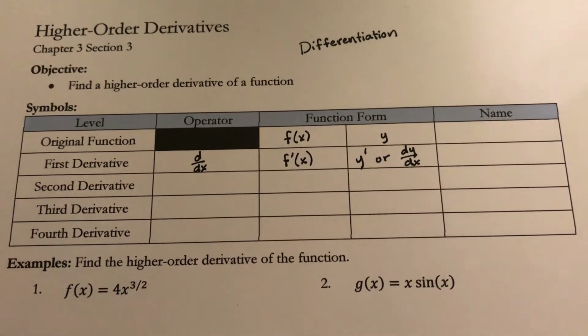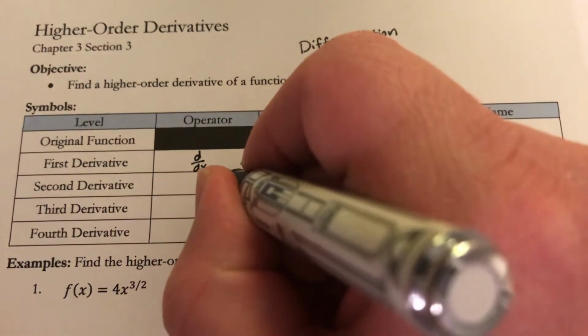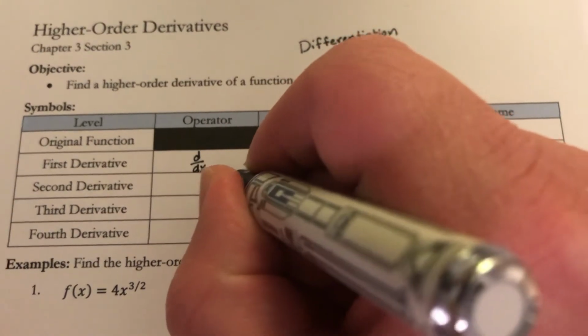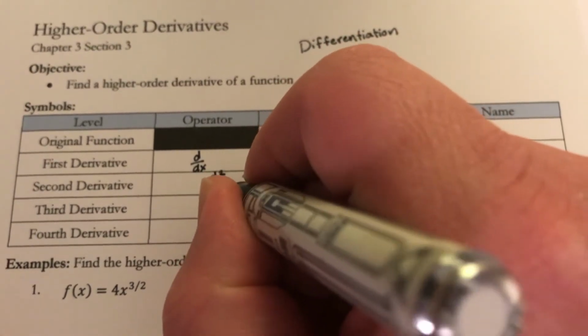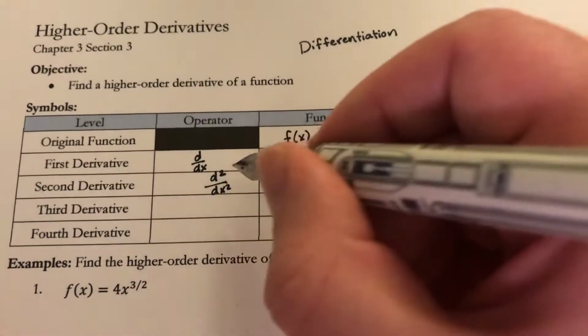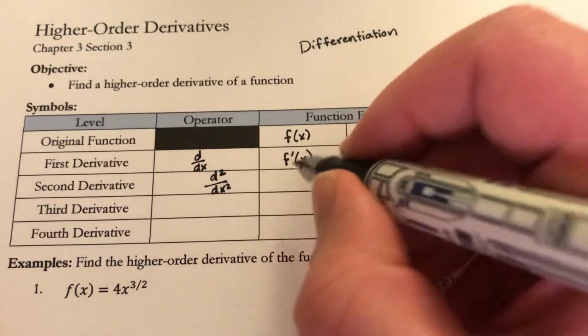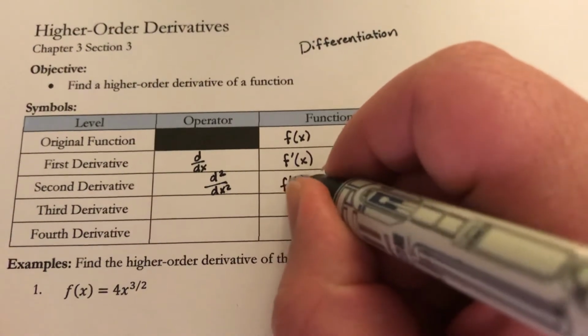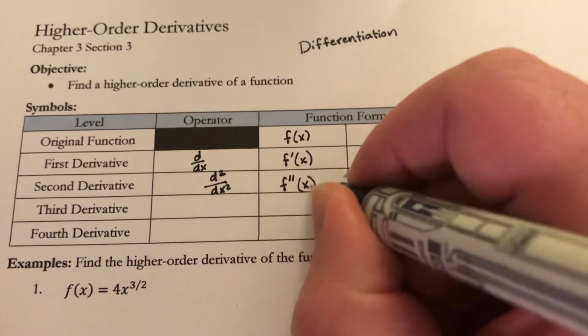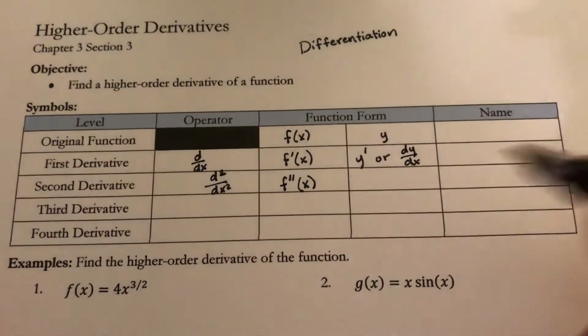So the thing is if I want to do it twice, well, all I'm going to do is essentially say d second over dx to the second. So I'm saying, do the d dx twice. The way I would write this as a function is I would say it's f double prime of x. So I put two apostrophes on it instead of one.